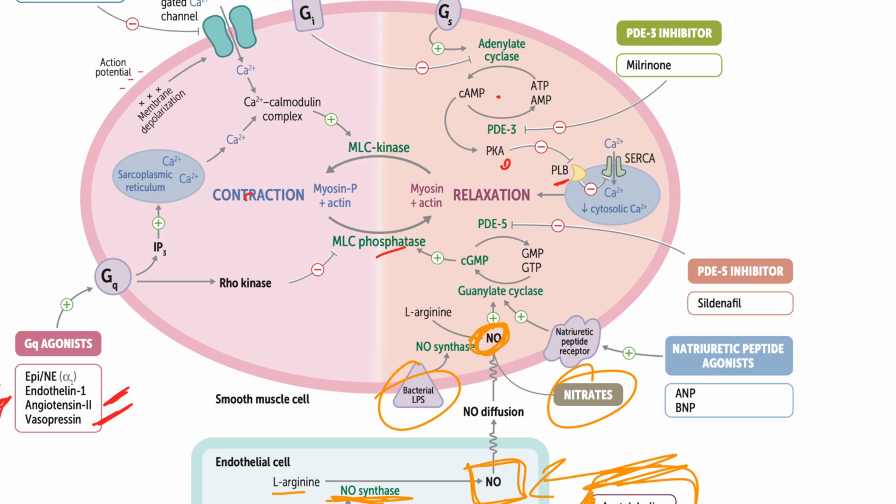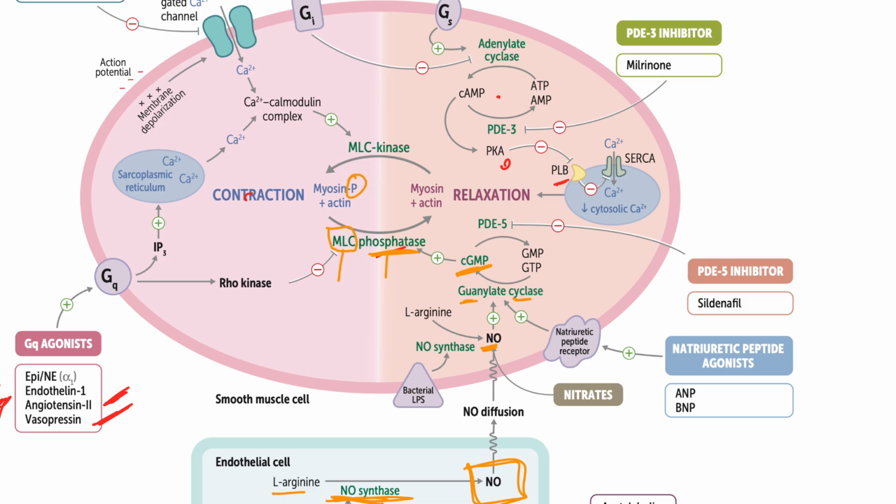Now what is nitric oxide doing? Well, nitric oxide is stimulating guanylate cyclase, and that is going to convert GTP into cyclic GMP, high yield, okay, and that is going to stimulate MLC phosphatase, myosin light chain phosphatase, whose whole action is that it's going to take out that phosphate bond, causing relaxation of the muscle.